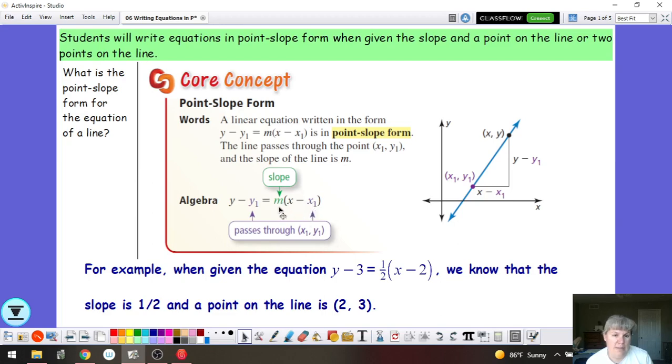Now if I wanted to get m by itself, all I would have to do is divide both sides by x minus x1. And I'm doing this just to show you where we get this form from. So I'm going to be dividing both sides by x minus x1 to get m by itself.